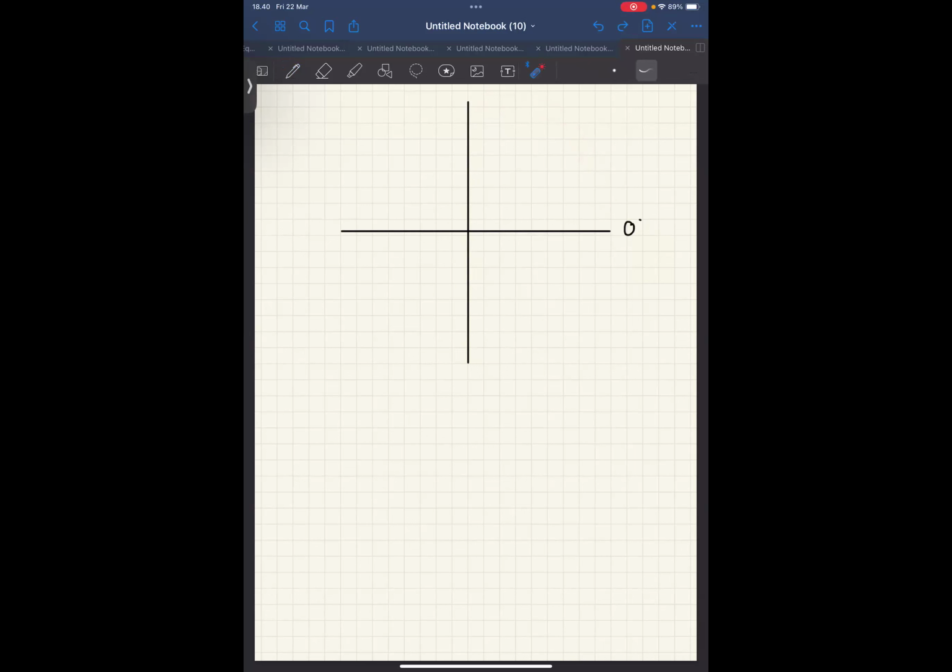Right here, we got the first right angle, which is 90 degrees. Then we go over here. We got 2 right angles, so 90 plus 90, here is 180 degrees. Then we go over again, from 0 to 90 to 180 to one more right angle. So 90 multiplied by 3, this is 270 degrees. And the whole circle itself is 360 degrees.